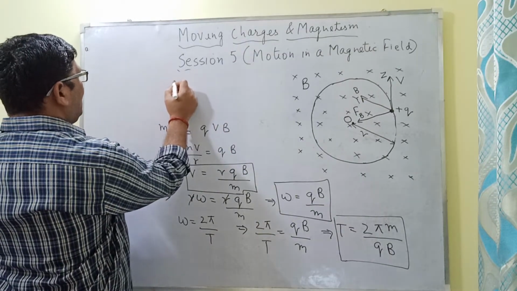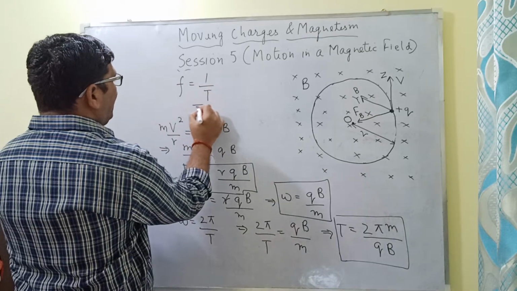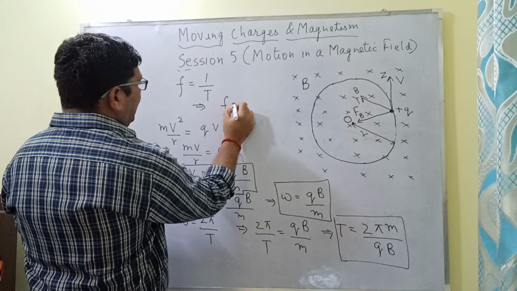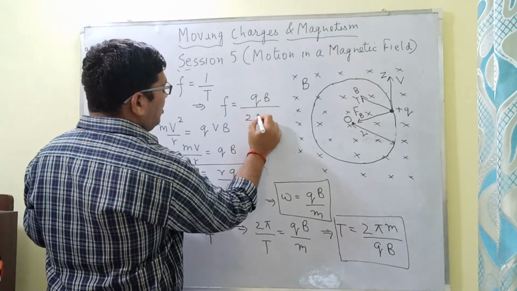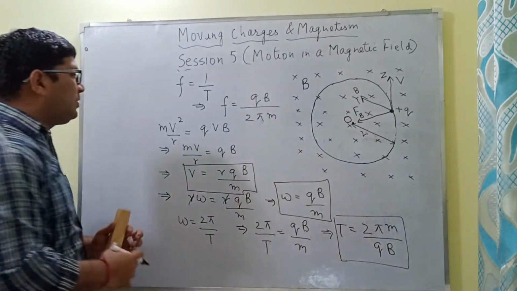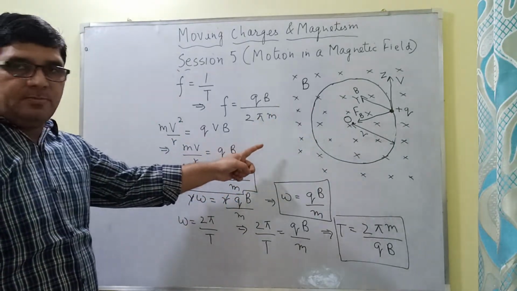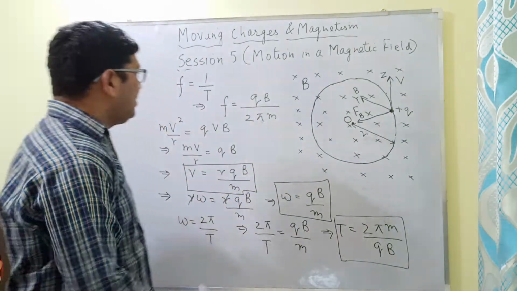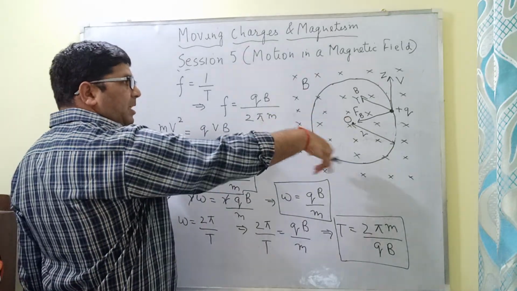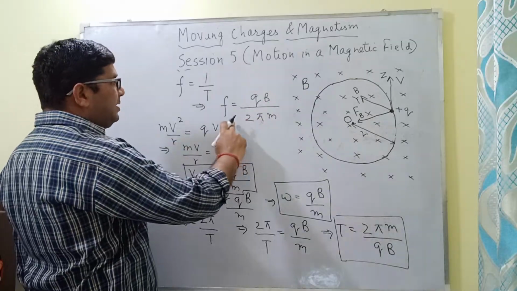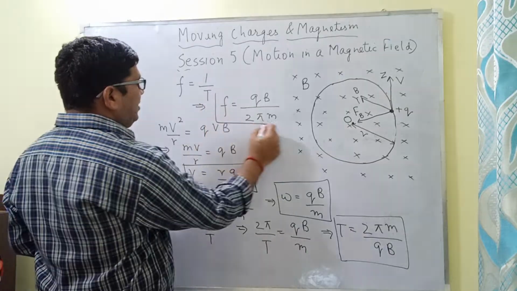Now we know that frequency is equal to 1 by t. So f will be equal to qb divided by 2 pi m. And what is frequency? Frequency is the number of revolutions taken in 1 second. The number of revolutions taken by this particle in 1 second is called the frequency. So frequency will be equal to qb divided by 2 pi m. So this is another important formula.